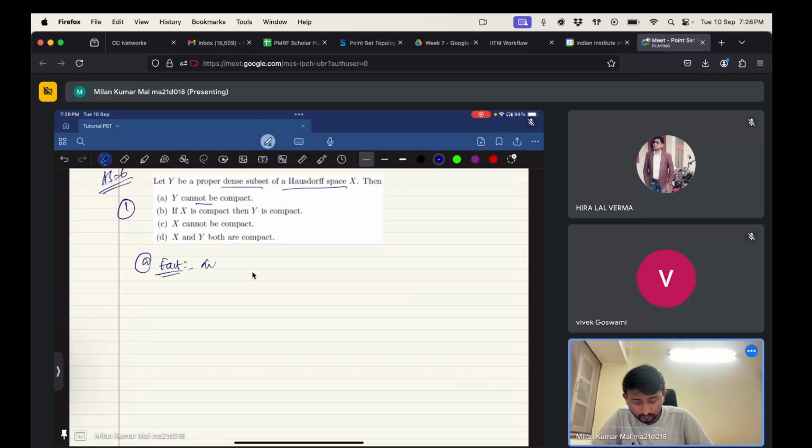Let (X, tau X) be a Hausdorff topological space. Then if Y, a subset of X, is compact, then Y is closed.